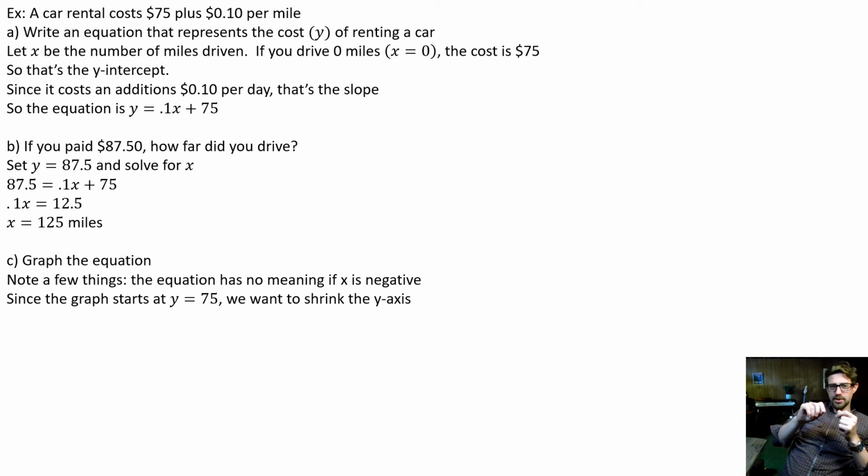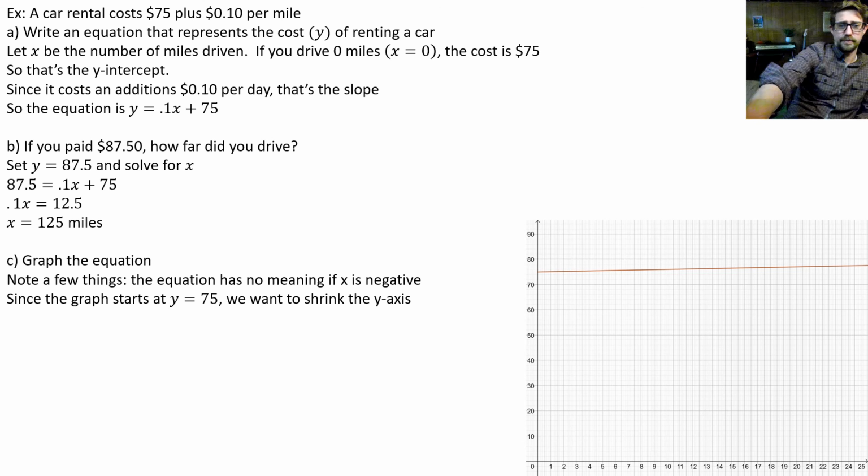So miles can be 1, 2, 3, 4, 5, whatever. But the cost is going to be bigger than that. It's going to be 75 plus. So we're going to shrink down the y-axis. There you go. And whatever graphing utility you're using can do that.